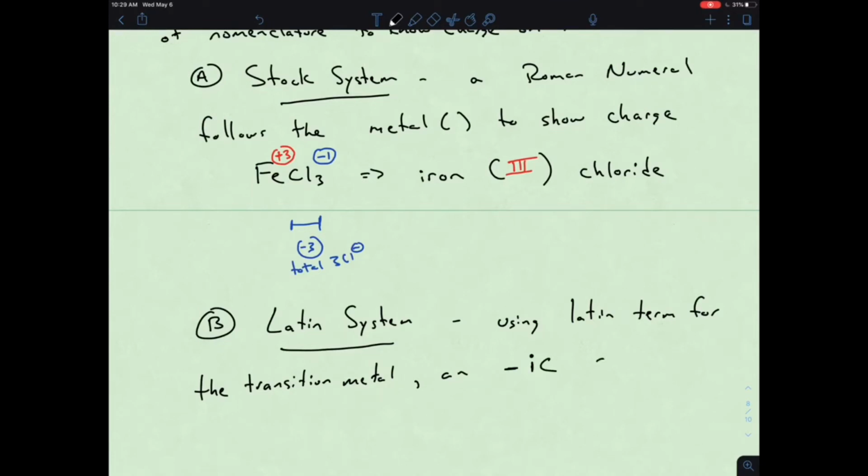An -ic suffix is the larger positive charge for the transition metal.